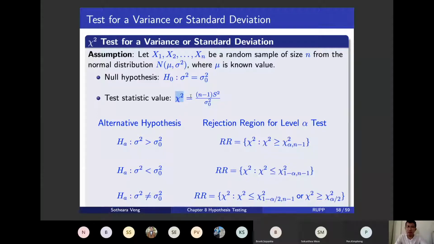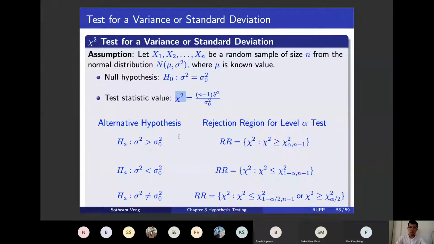But when we move to the confidence interval for the standard deviation as well as the variance, we will be involved with a different distribution called the chi-square, right? And at that time we denote it by this letter. Actually, this is chi-square. This is the Greek letter called chi, right? Chi-square.